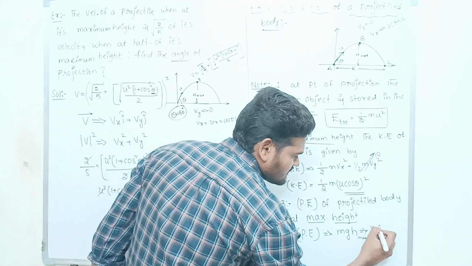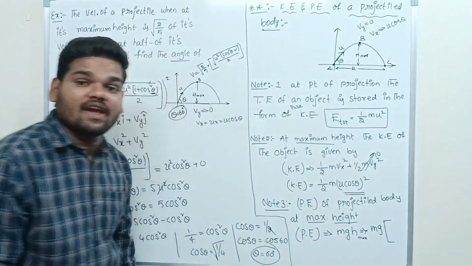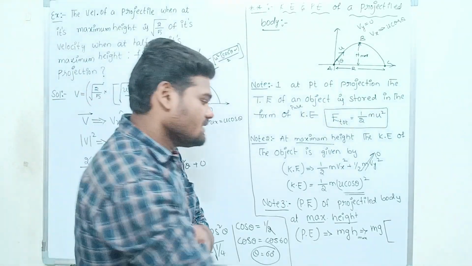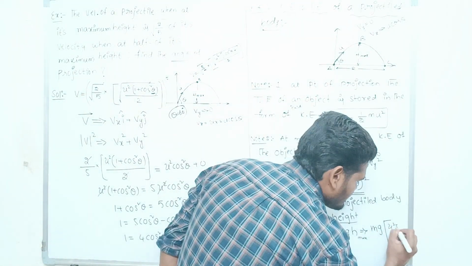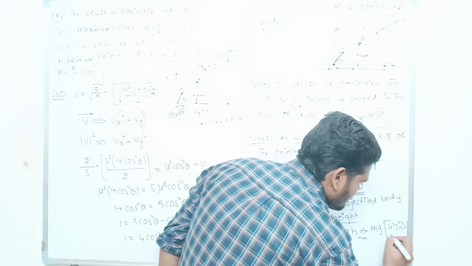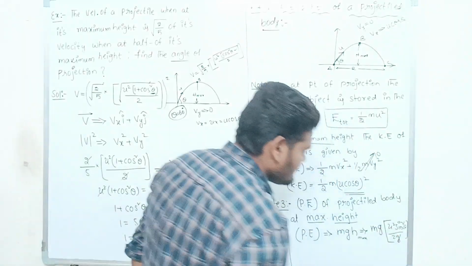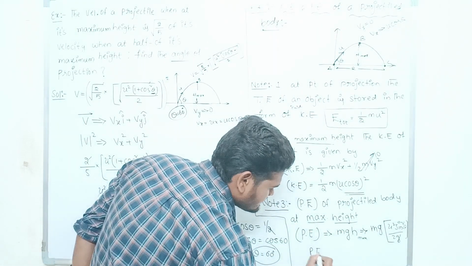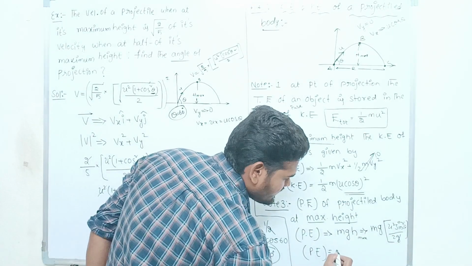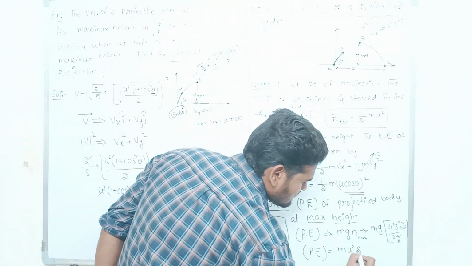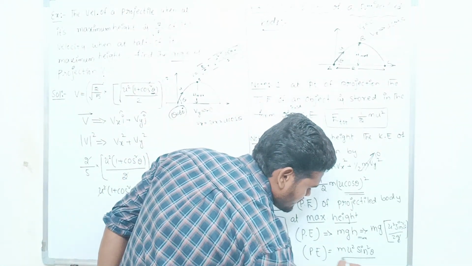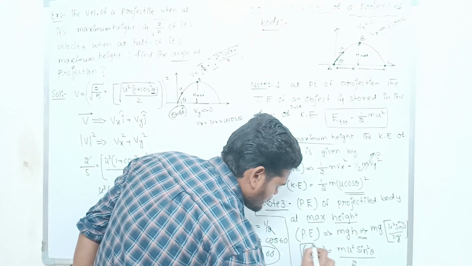Here we have mg. What is the formula for h maximum? So u square sin square theta divided by 2g. So g gets cancelled out, and the potential energy at a maximum height we got is m u square sin square theta divided by 2. Okay?